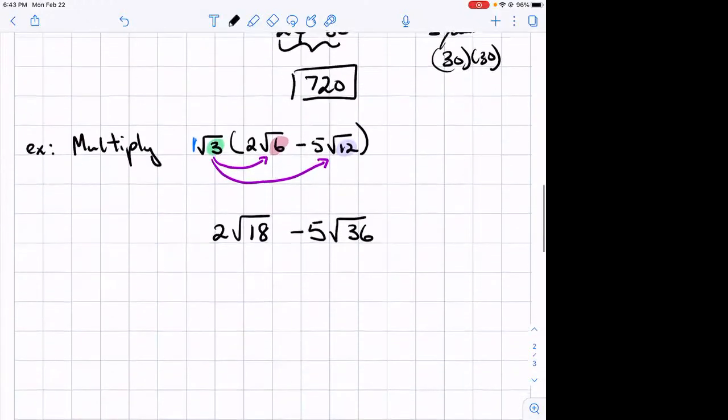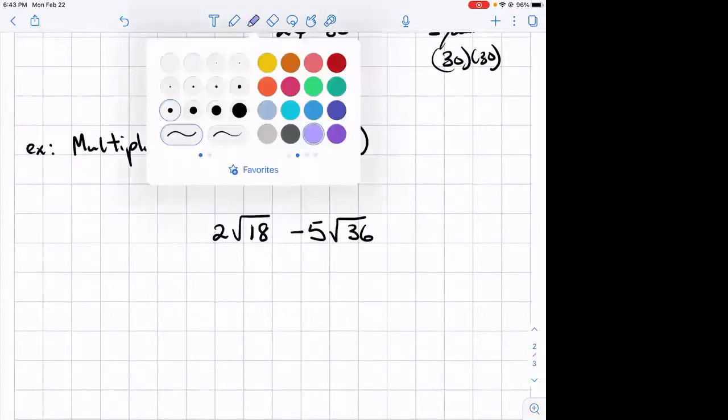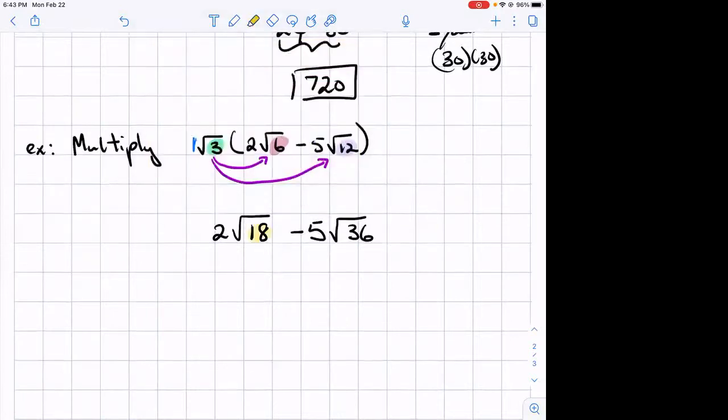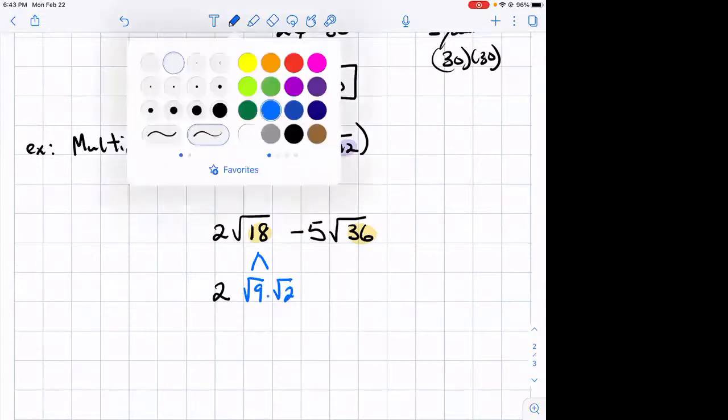Always look inside the radicand. Notice that 36 is a perfect square, and the root of 18 can be the root of 9 times the root of 2, because 9 times 2 is 18.